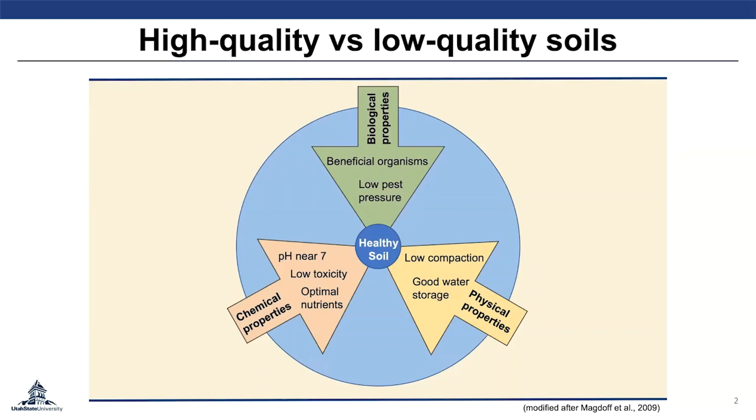You'll have low compaction, good water storage and water supply, and a balanced pH, low toxicity, and optimal nutrients to keep your plants healthy. So all of these things work together. And if one of those is out of balance, then it's going to bring your soil quality down.